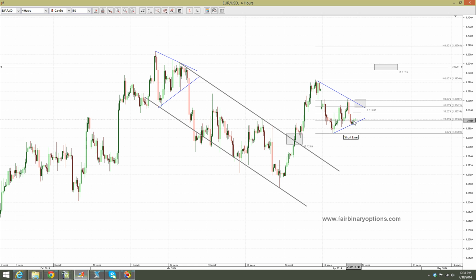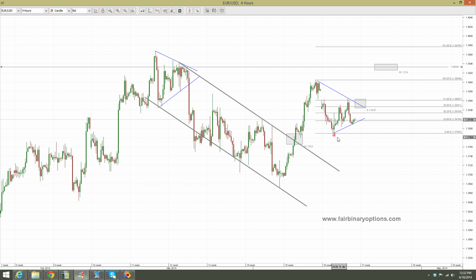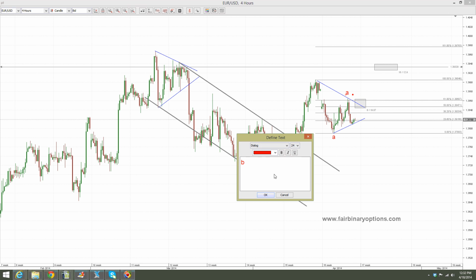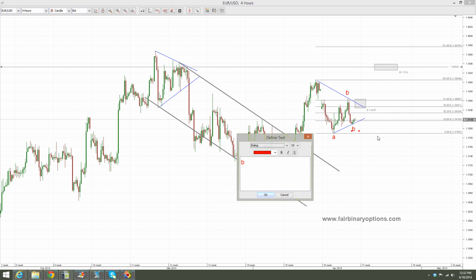So if price now goes, for whatever reason, today or Monday or next week, and aggressively breaks this one here, I would say that our flat is going to be completed, and it should be labeled as a flat with a double failure. So in terms of waves, a wave A, then a B wave here, then of course the C wave here to the downside, A, B, C.